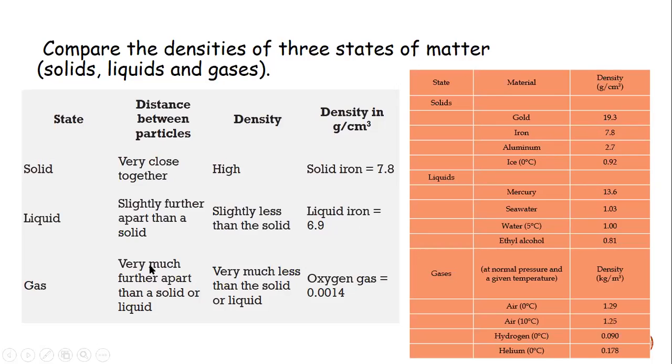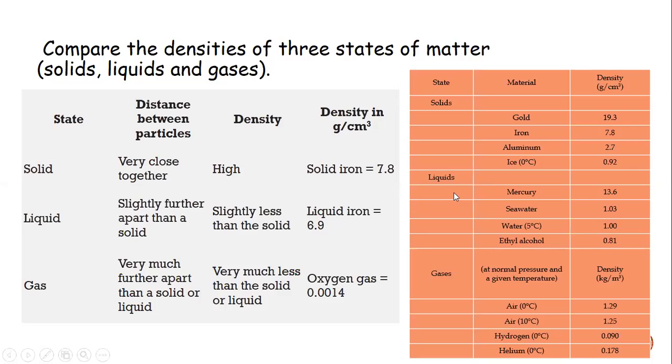Gases have molecules very far apart as compared to solids or liquids, so their density is very low. For example, oxygen gas has a density of 0.0014 grams per cubic centimeter.